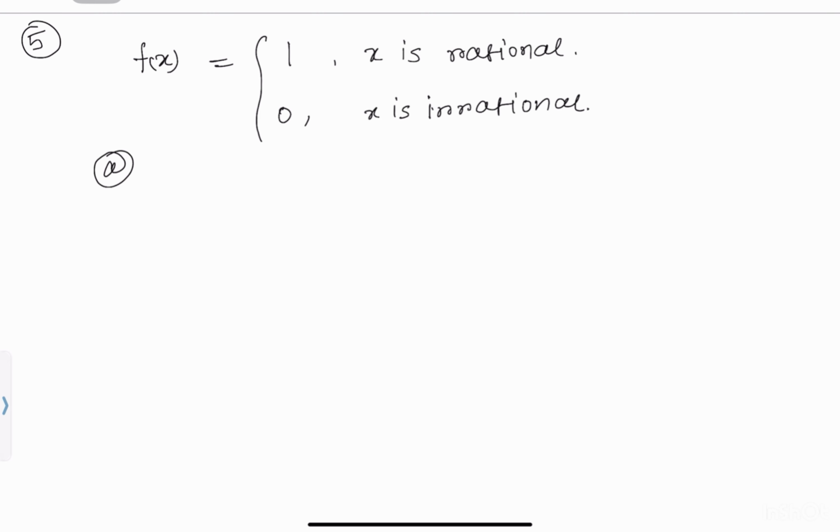Continuity for all real x. Second option, continuity only at some point.